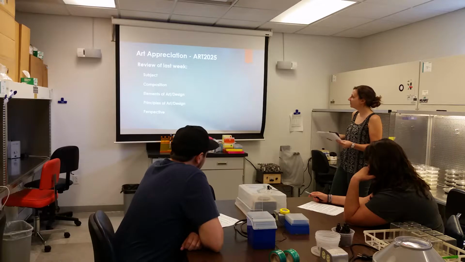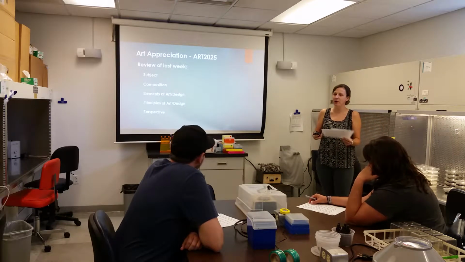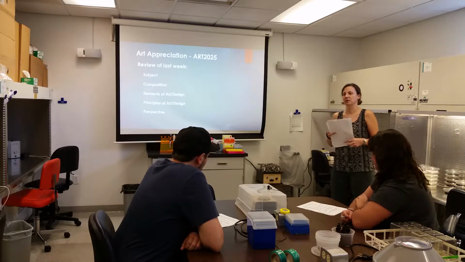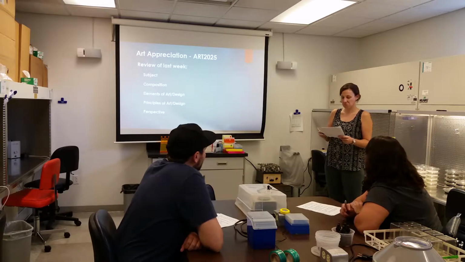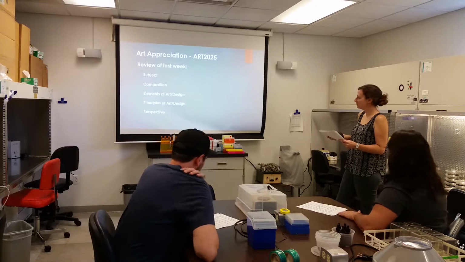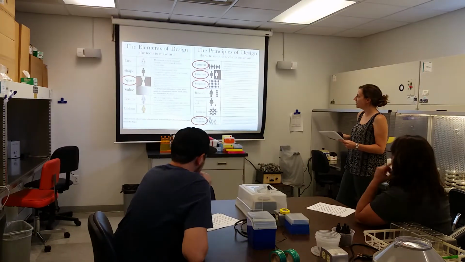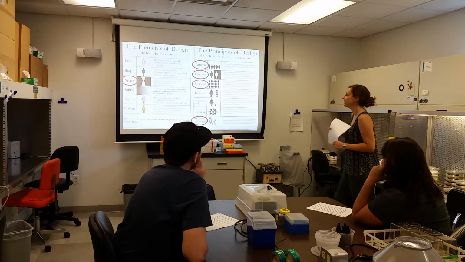And so also we talked about perspective. And Ben, can you tell me what perspective means? It's like adding depth, where you put three dimensions in a two-dimensional field. Perfect. Okay. So these are the lists that we went over last week of the elements and the principles of art and design.